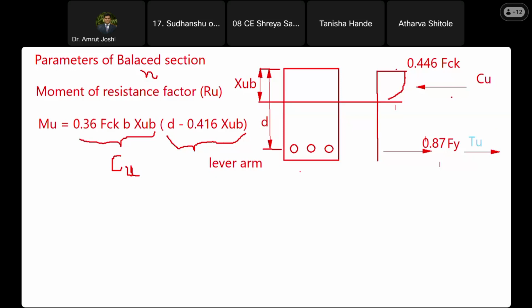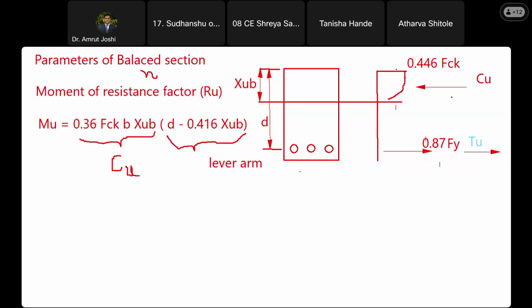Happy, Shreya? Yes, sir. Okay. So what is the magnitude of Cu? The magnitude of Cu we have already derived as 0.36 fck b xub, where xub is the location of the neutral axis from the extreme compression fiber, fck is the characteristic compressive strength of concrete, and b is the width of the section.